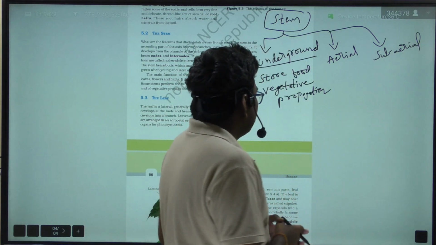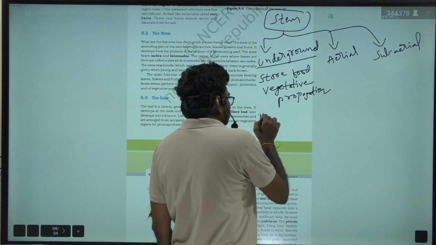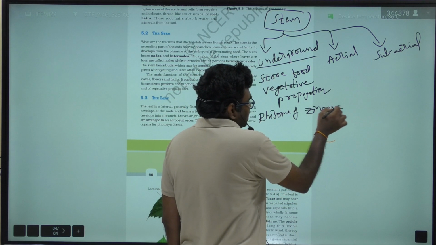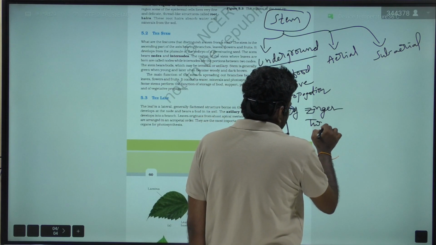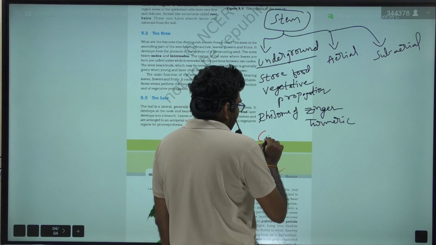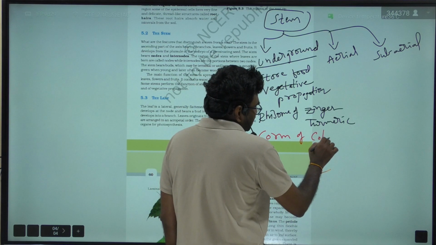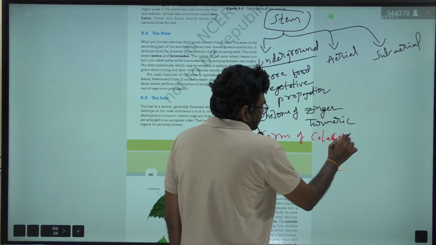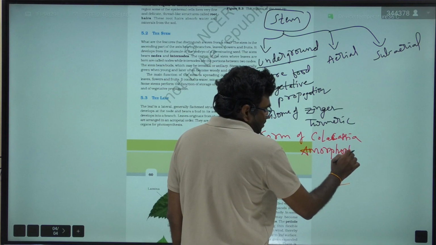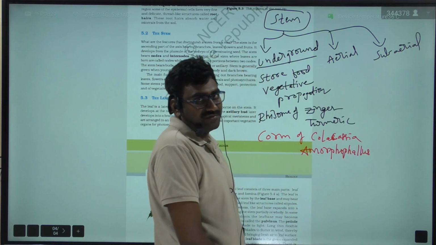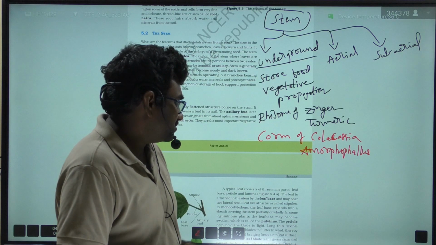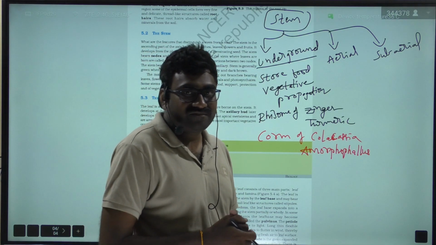Examples for underground stem modification: rhizome of ginger, rhizome of turmeric, and corm of colocasia, and corm of amorphophallus, which is also known as zamin kand, and which has the largest inflorescence, almost 6 feet in height.